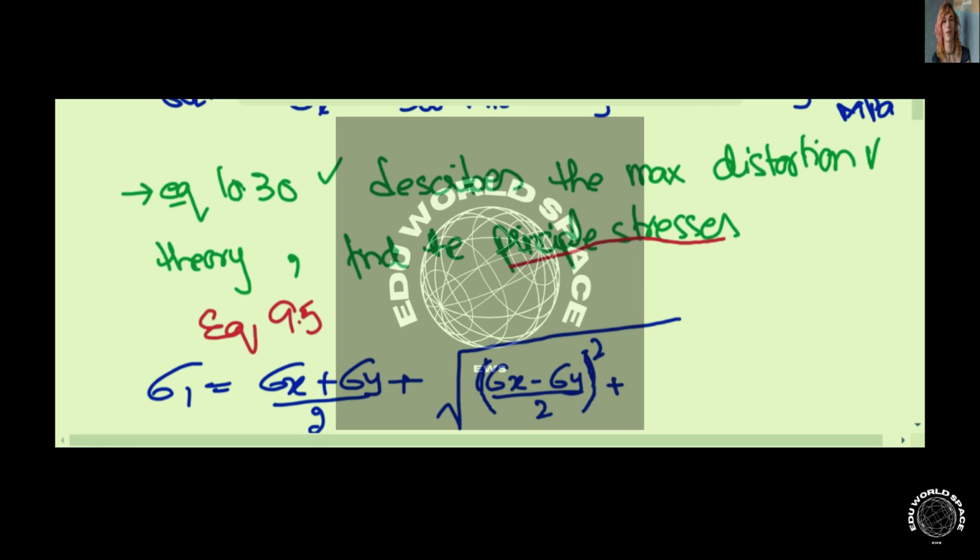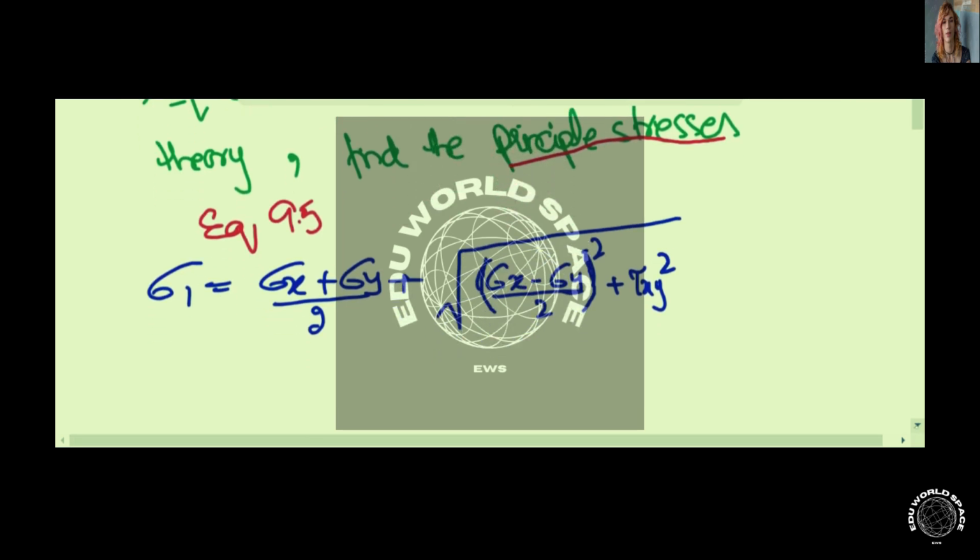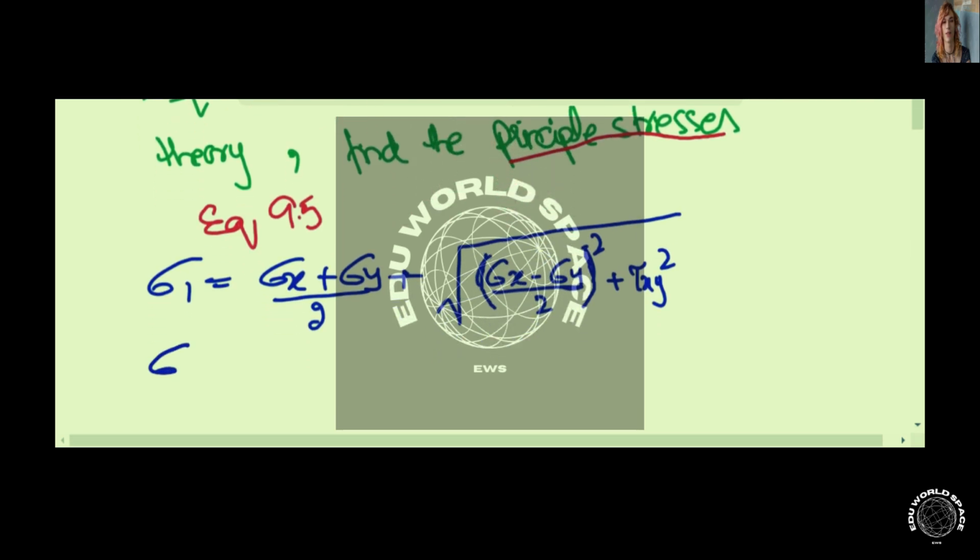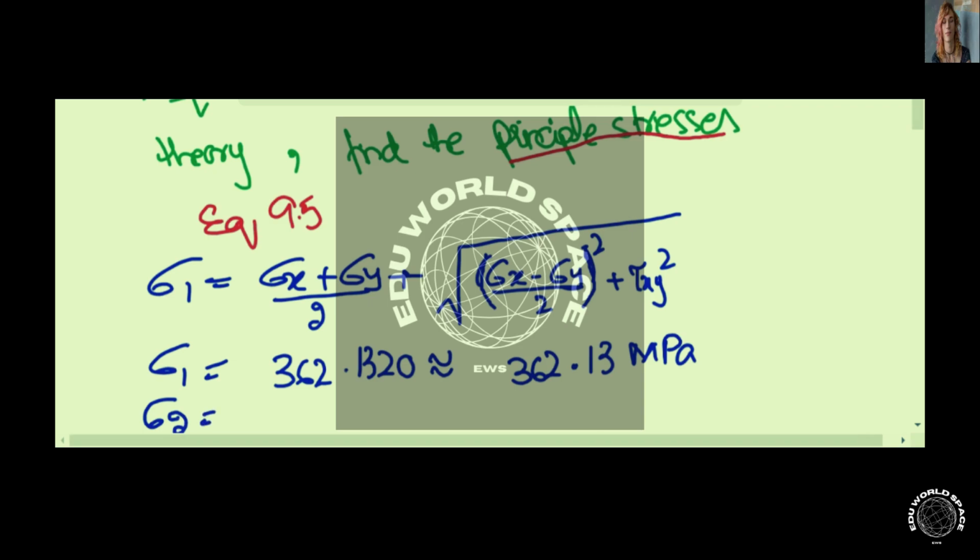Whole square plus tau sub xy square, right? So just plug in the values and we'll get that sigma sub 1 is equal to 362.1320. That is approximately equal to 362.13 megapascals, right?